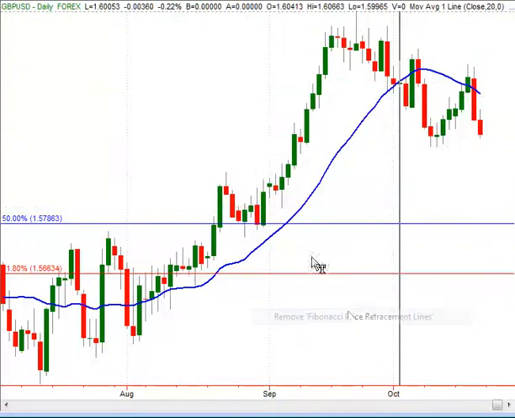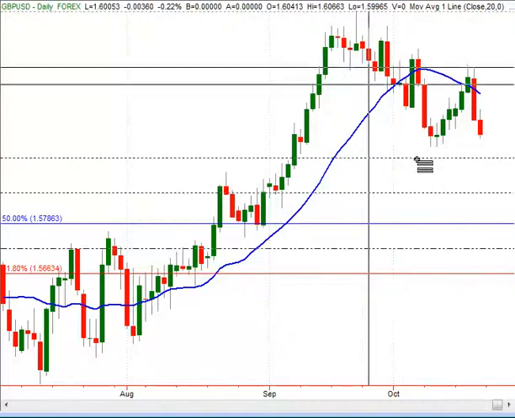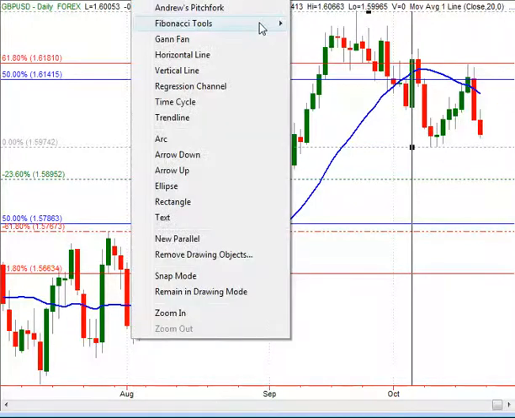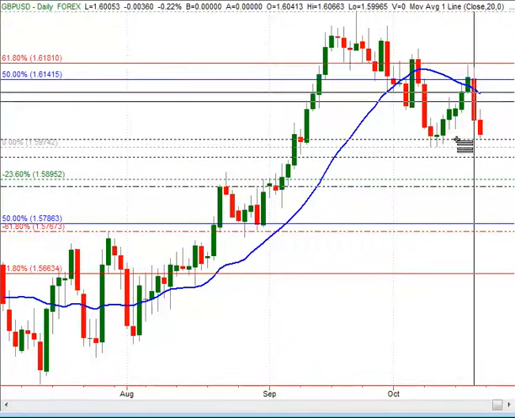And where it stopped is very easy: it stopped exactly at the halfway back between the top and the bottom of this initial move lower. And I mentioned this area of support on Friday as well at the 161.40 area, with a target in the 159 area here. So the pound likes trading in traditional measured moves.